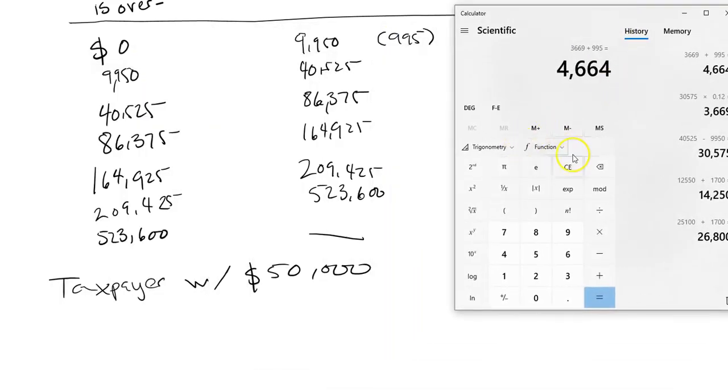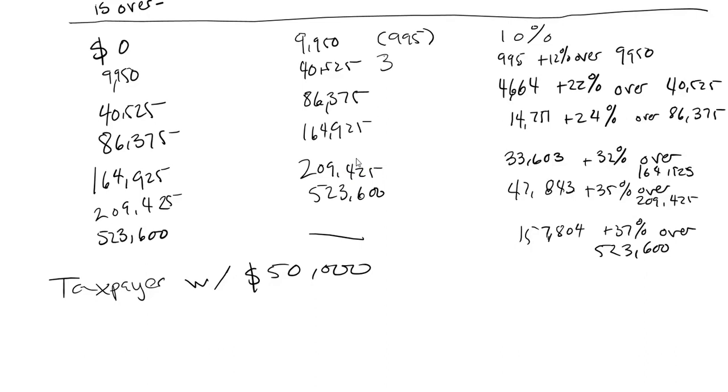All right, so in this particular example, we're going to take that 40,525 as given to us in the second column there. We're going to subtract out the 9,950. We're going to multiply this. Remember, this is 12% times 0.12. That's going to give us $3,669.